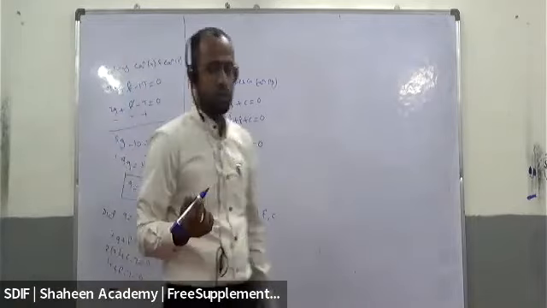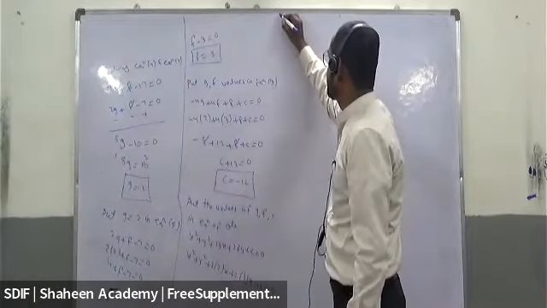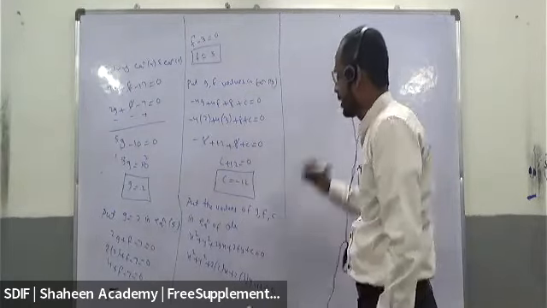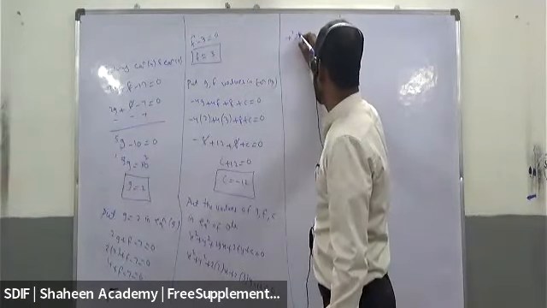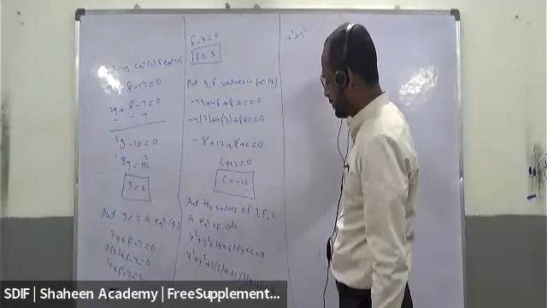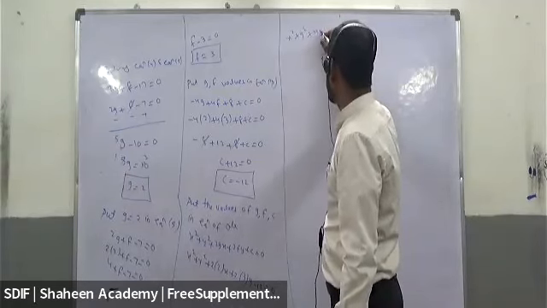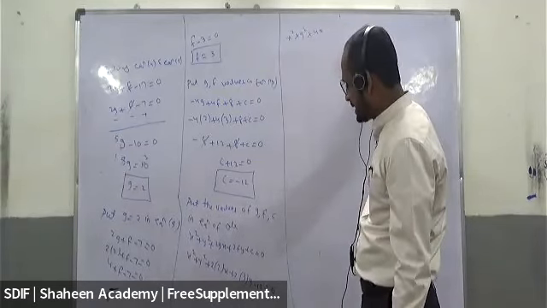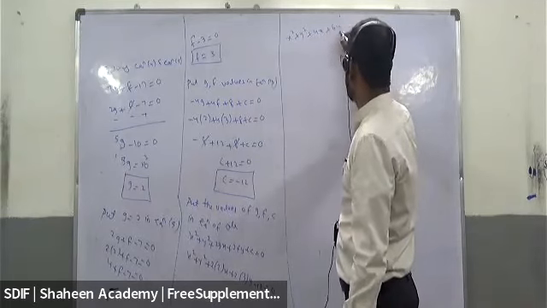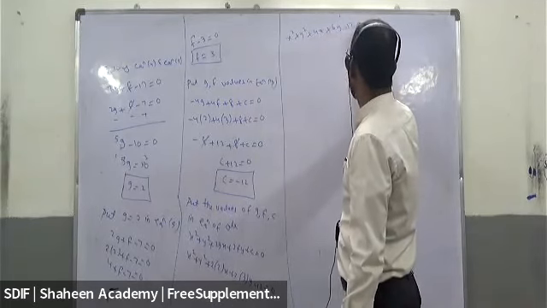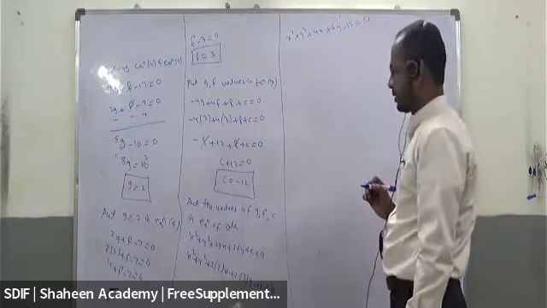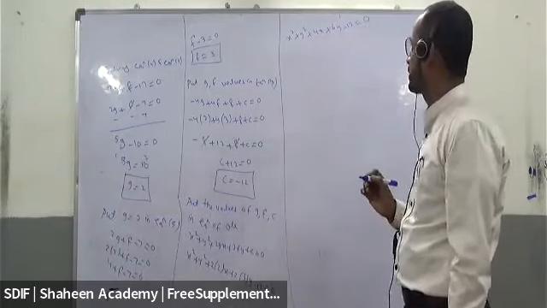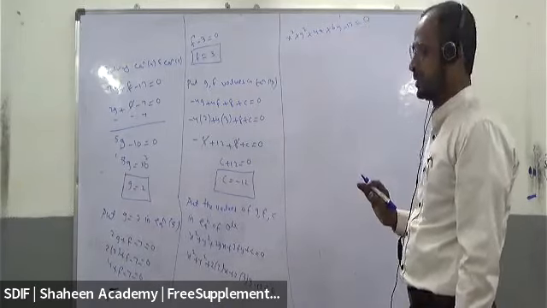If we simplify, what are we getting? We are getting x square plus y square plus 4x plus 6y minus 12 is equal to 0. This is the required equation of circle.